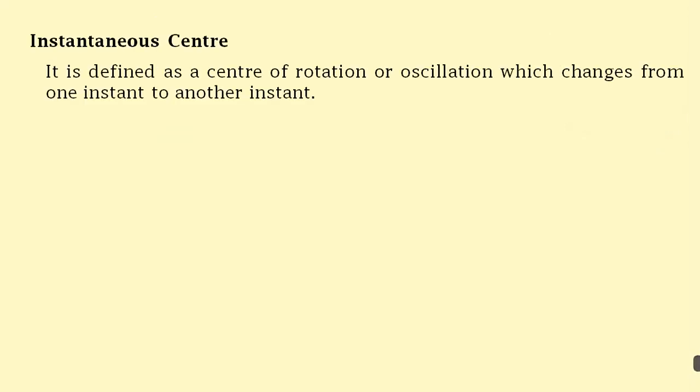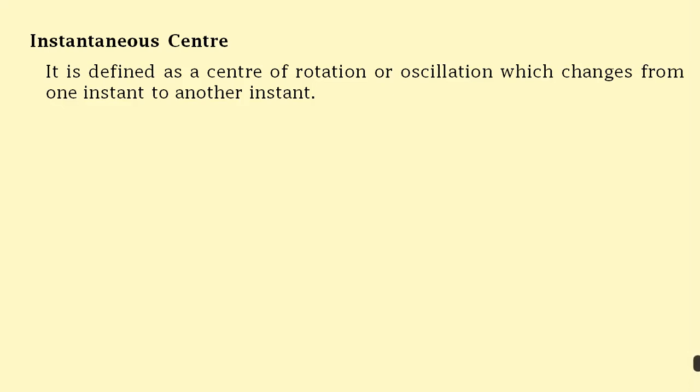So here I have given a basic definition, that is, it is defined as a center of rotation or oscillation which changes from one instant to another instant, related to a particular link of a mechanism. So when it is under rotation and oscillation, it can have a center.